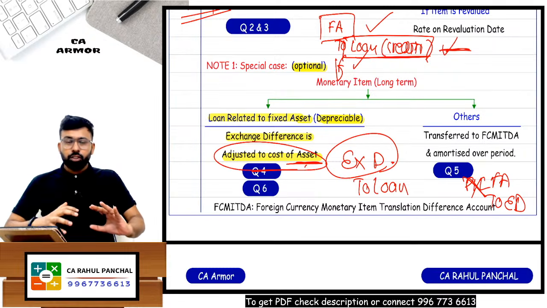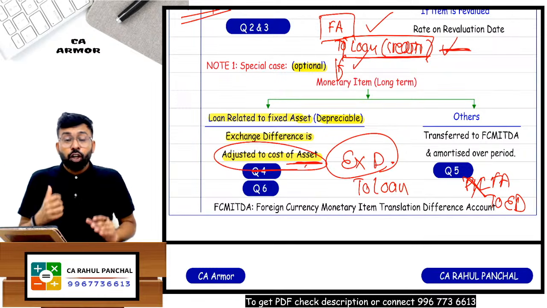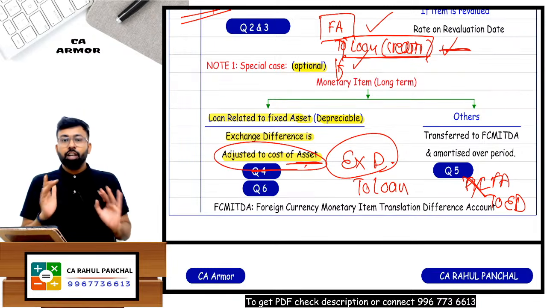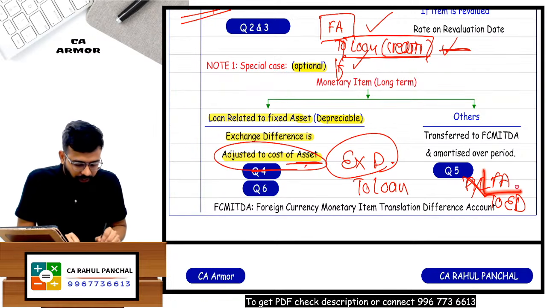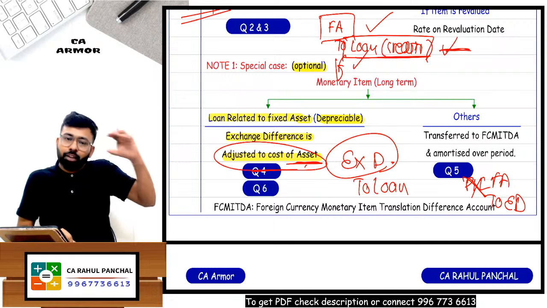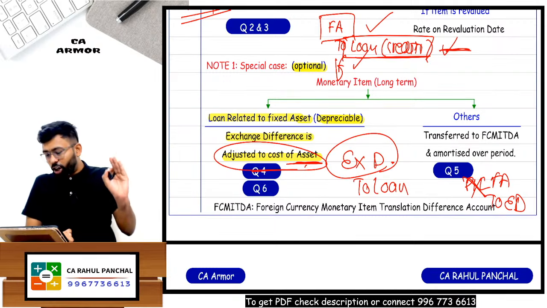But there were companies who used to buy big machineries with 20 years life, so the entire exchange loss was recorded in the first year itself. So the option is given. You just adjust that against the cost of the asset. You just add it to the cost of the asset, and once it is depreciated, then it will come part by part. That is why this option is given to the company, not necessary.